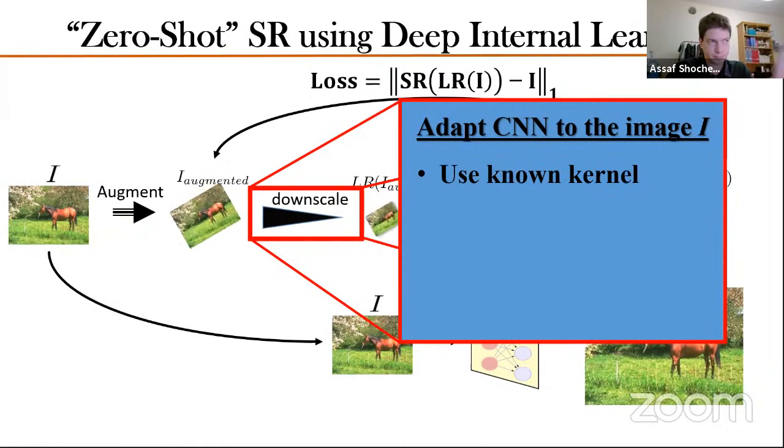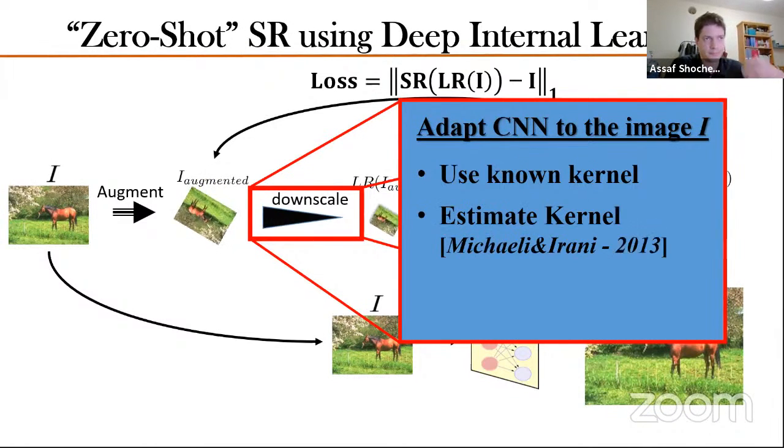One thing is, if you go to these super resolution competitions, which they do every year, the data is always this standard thing with bicubic downscaling. So you wouldn't have a problem there.